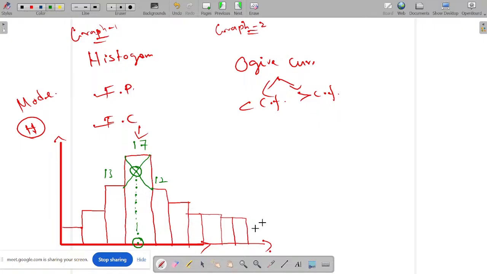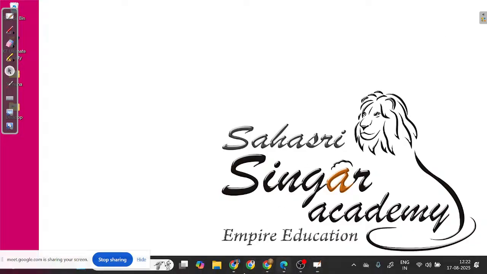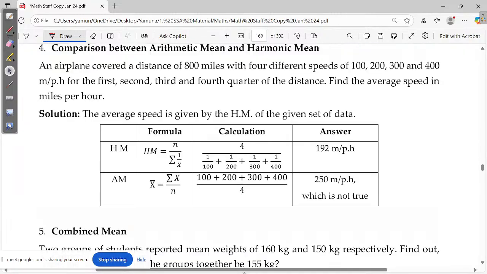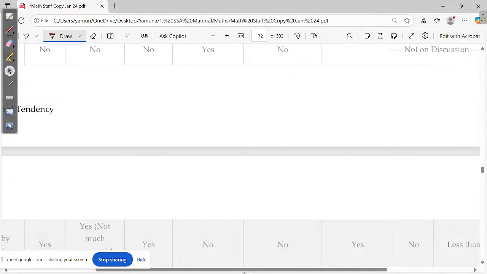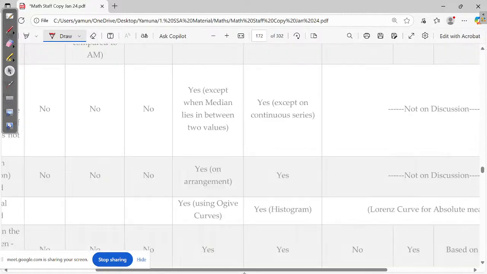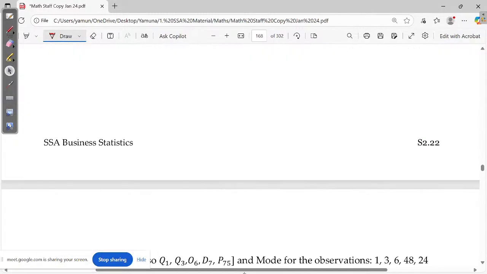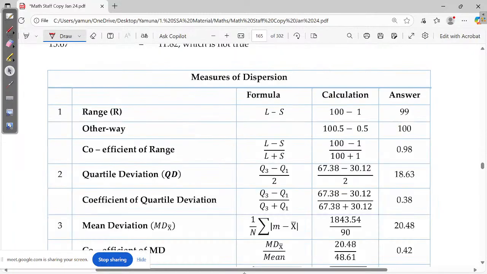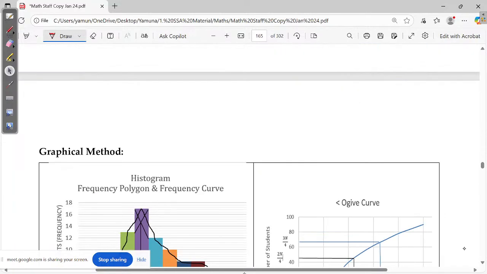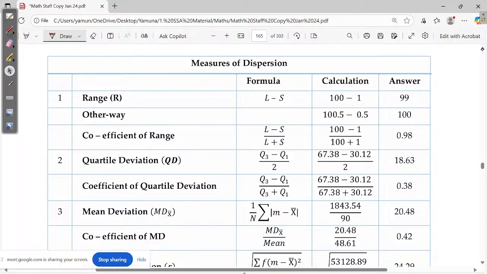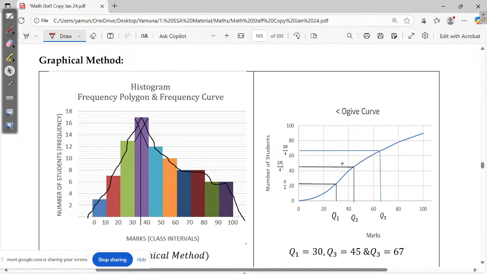Okay. So if you take a keen look at the graph, what value are you getting there in the graph sheet? Only these two are here.